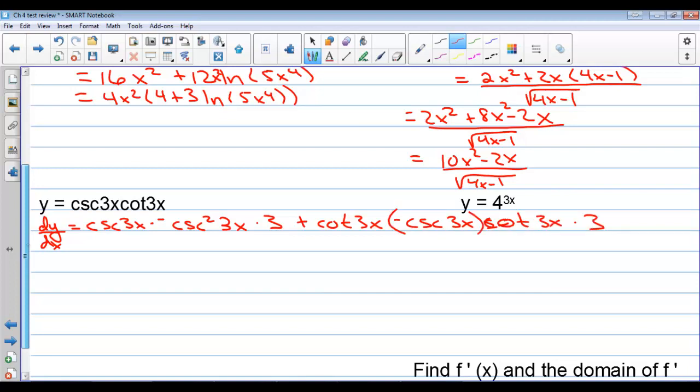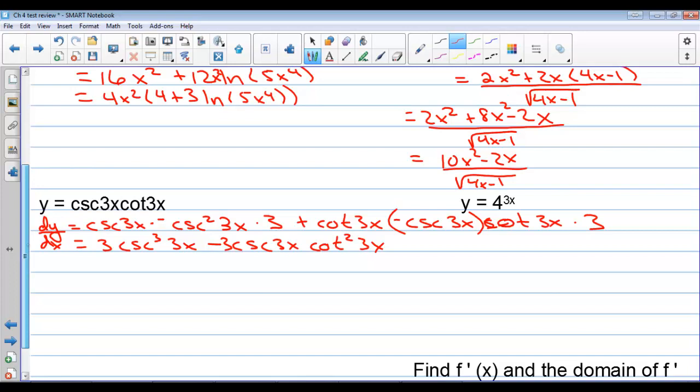And that's not a minus, it's a negative, that's times. We have 3 cosecant to the third of 3x, and then minus cosecant 3x cotangent squared 3x, and I'll put the 3 out front.